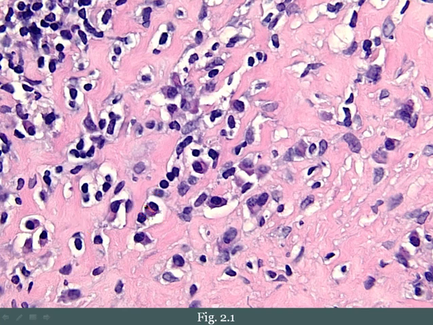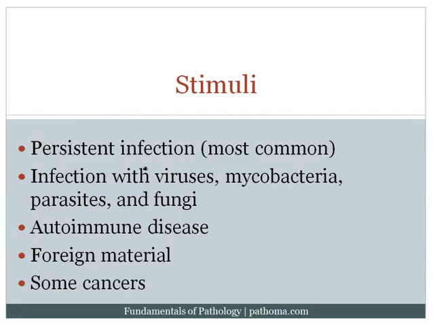I'm going to erase it so you can now see it, but this is the plasma cell with the nucleus pushed off to the side and this little area of sort of glassy, shiny cytoplasm, which is characteristic of the plasma cell. And you can see adjacent to it here is a lymphocyte. And so these are the hallmark cells of chronic inflammation.